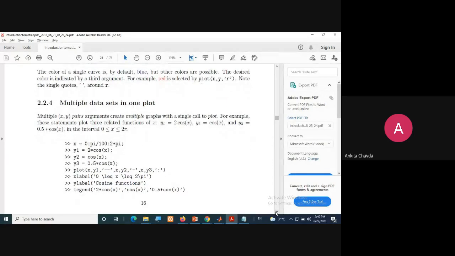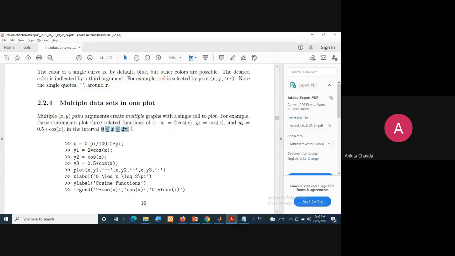Now, multiple data sets in one plot. Here I have y1 equals 2 times cos x, y2 equals cos x, and y3 equals 0.5 times cos x in the interval 0 to 2 pi.